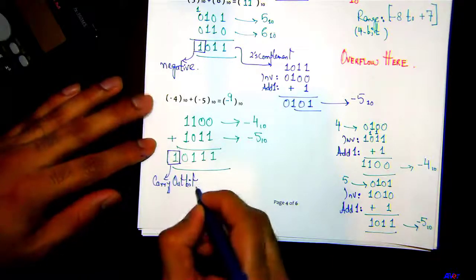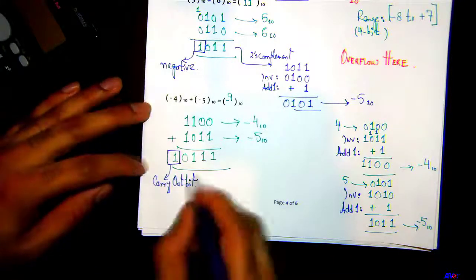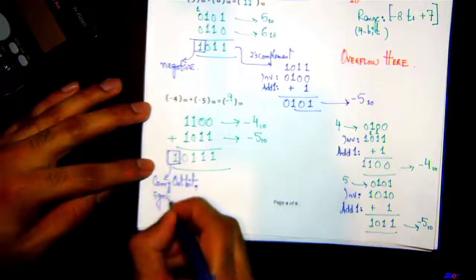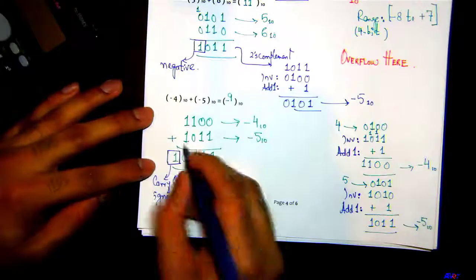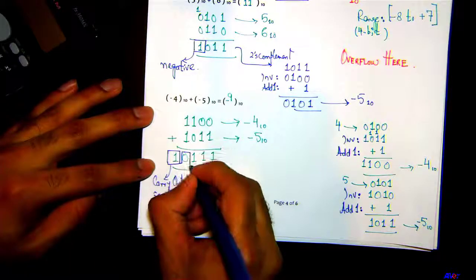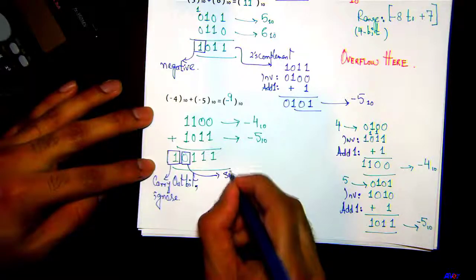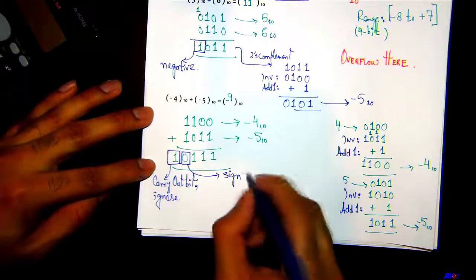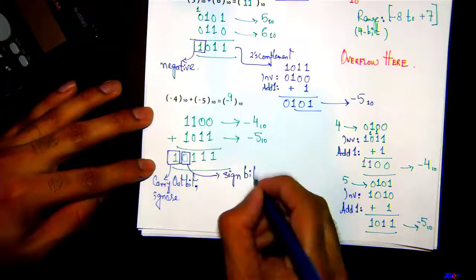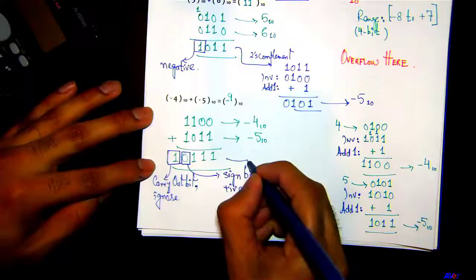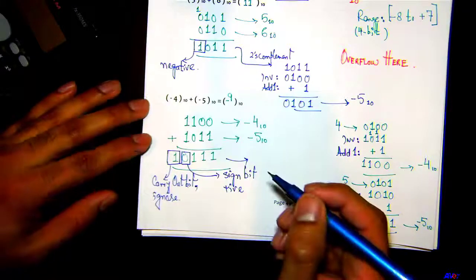Okay, carryout bit, and then we just ignore it. And this is our sign bit, so it looks like it's a positive number, right? So do we need to take a 2's complement?